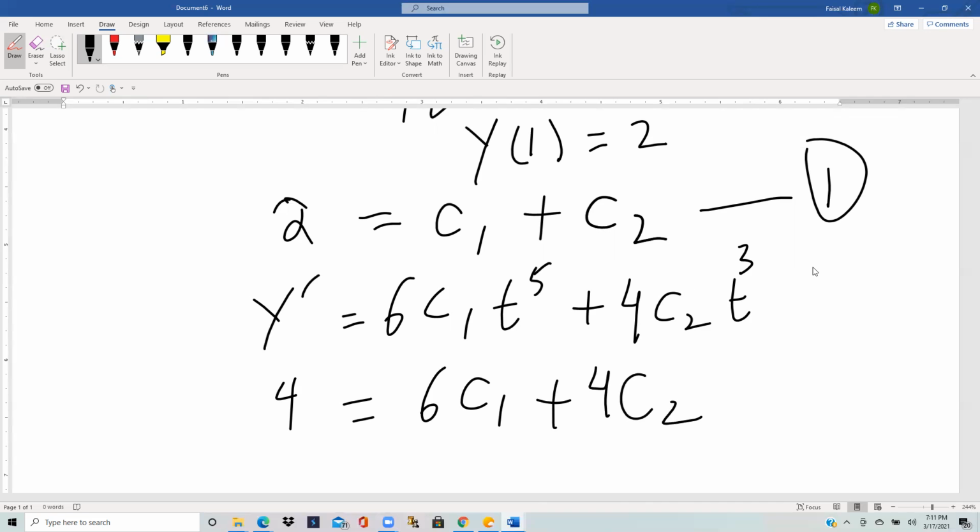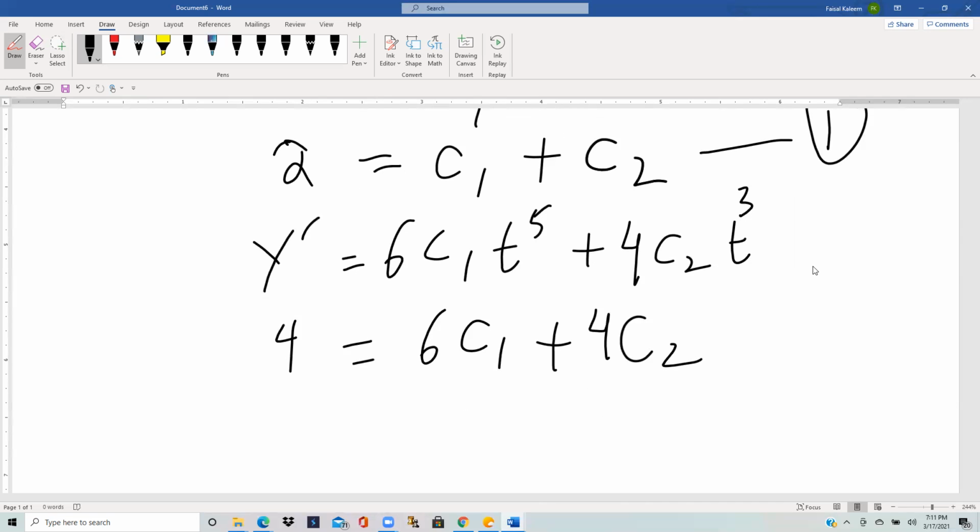And this can be simplified, you don't have to. One way to do it is to multiply the first equation by −4, because then this would be −4c2, and when you add it with this, the c2 will go away.